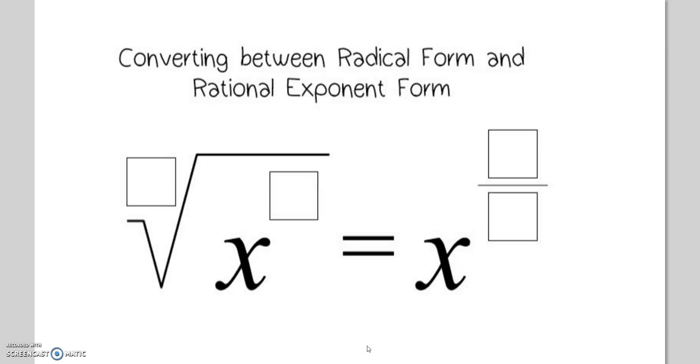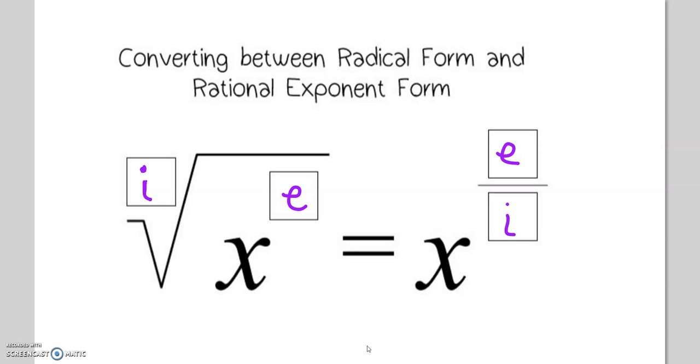So here we have a radical, and remember, if you remember back to Algebra 1, this is your index. That's your index. And this is your exponent. Okay, so when we switch from a radical to a fractional exponent, you're going to go E over I, or like E-I-E-I-O. That's how you're going to remember it.